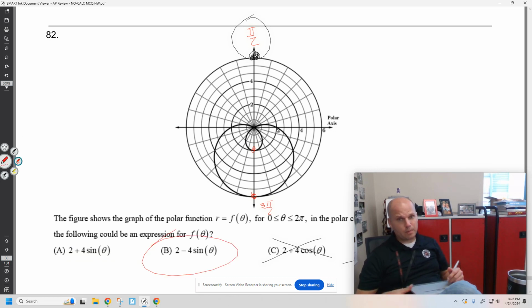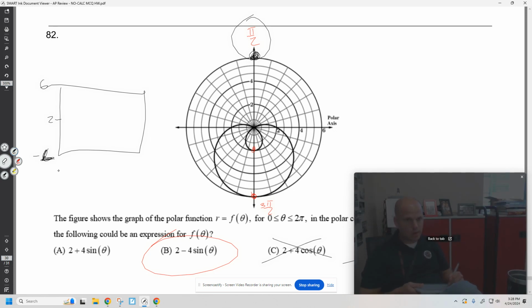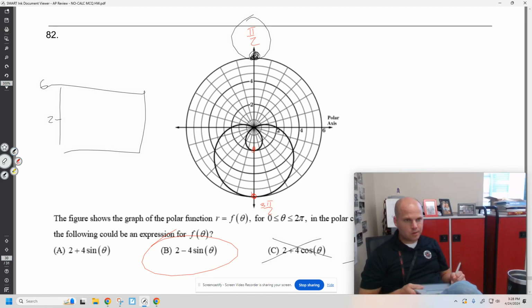You could double check by sketching, maybe B's midline, amplitude. There you go. Sine, negative. This will be at pi. This is pi over 2. I can see at pi over 2, I have negative 2.